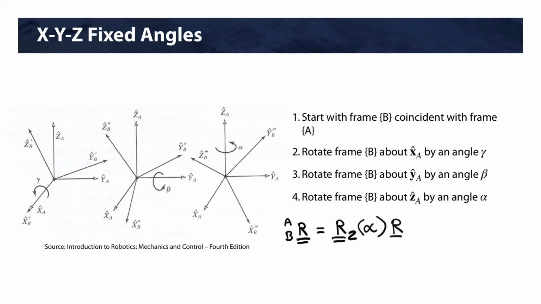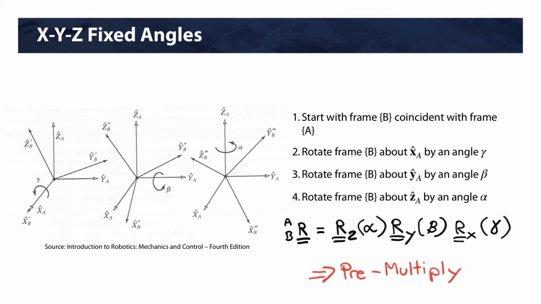Then we have our rotation about our Y axis by beta. And then lastly, we have our rotation about our X axis by gamma. So anytime you have fixed angles, you're going to pre-multiply them.